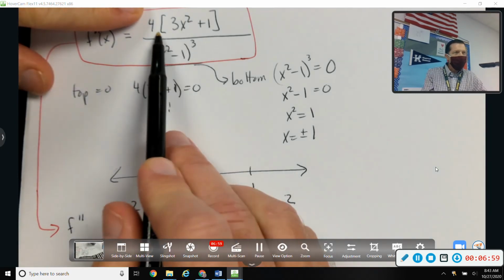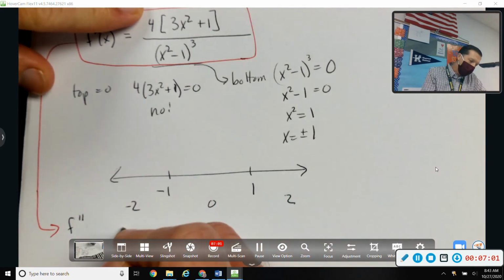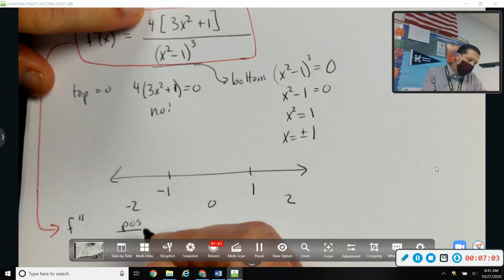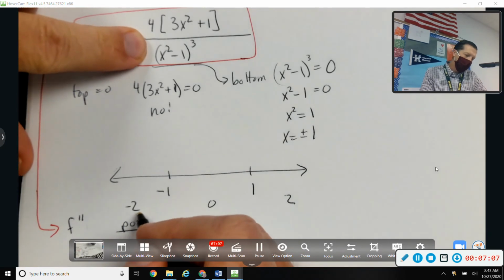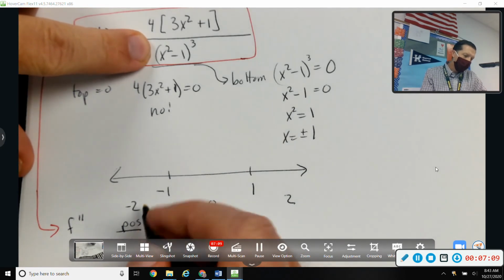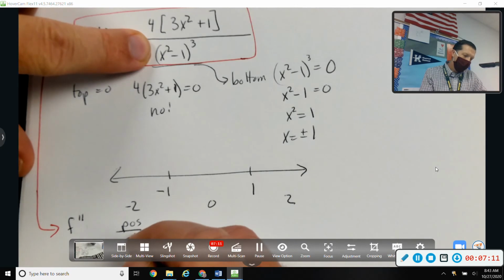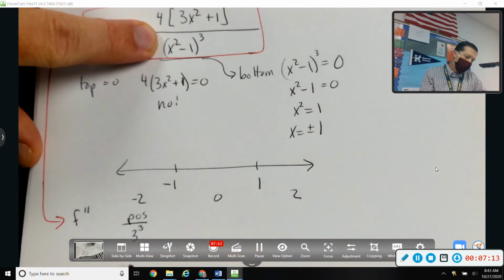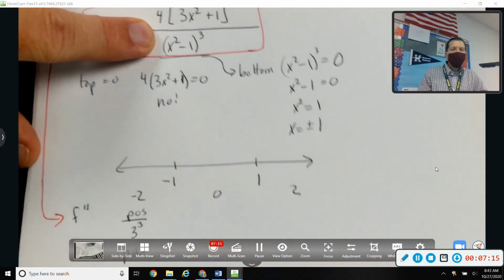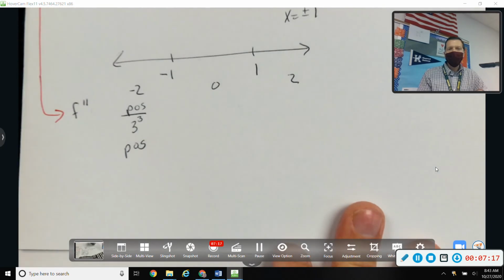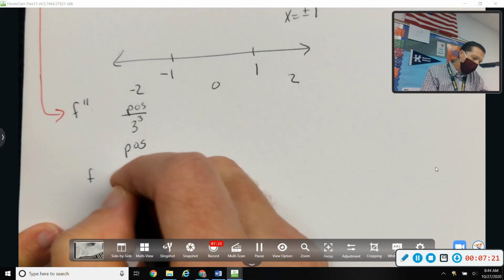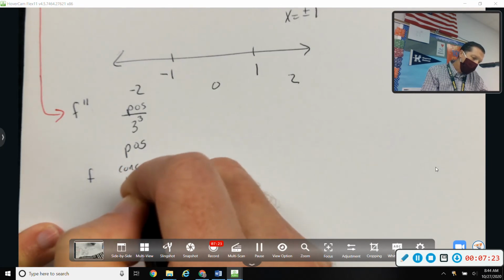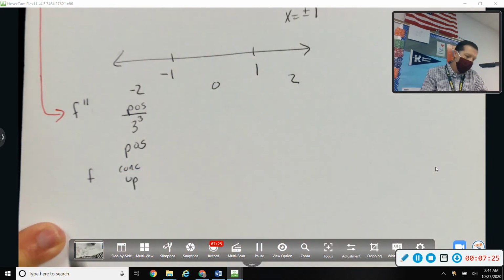Square it, multiply by 3, add 1. The top's positive. The bottom I've got to worry about. I plug in -2. Square it, I get 4. 4 minus 1 is 3 cubed. Whatever that is, it's always positive. So f is concave up on that interval.